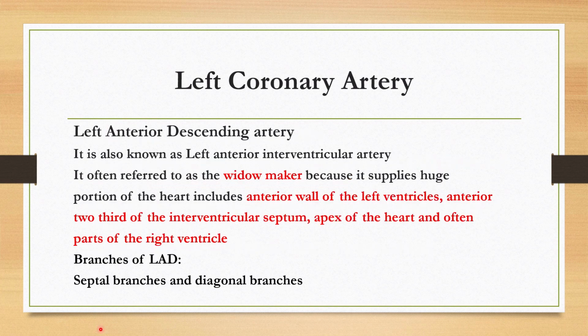Let's talk about the very important artery, the left anterior descending artery. It is also known as the left anterior interventricular artery, often referred to as the widowmaker because it supplies a huge portion of the heart, including the anterior wall of the left ventricle, the anterior two-thirds of the interventricular septum, the apex of the heart, and often parts of the right ventricle.